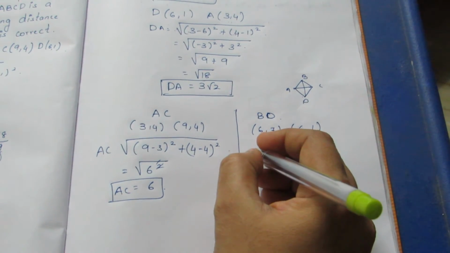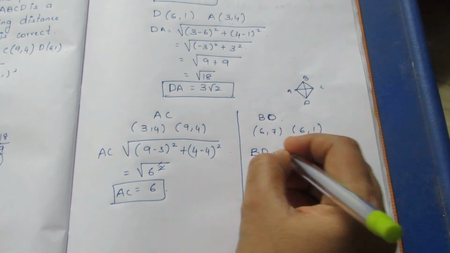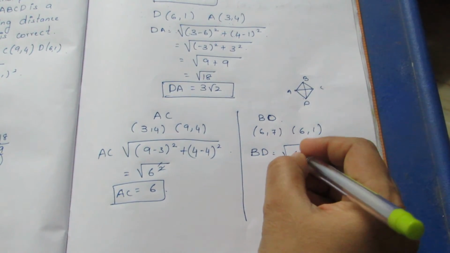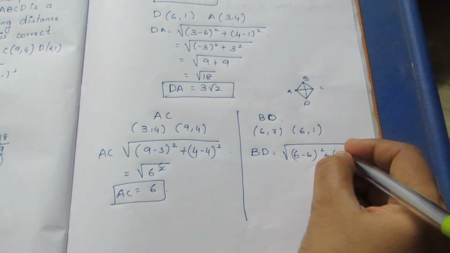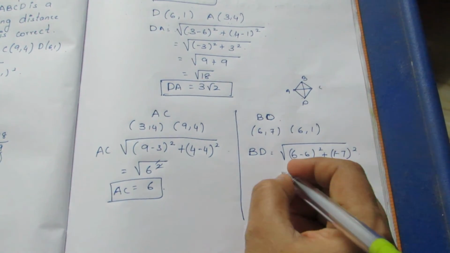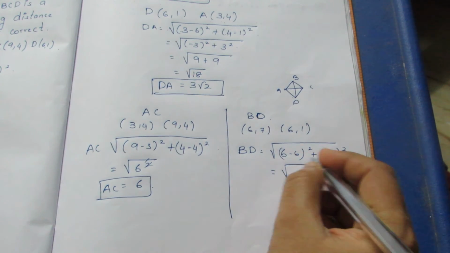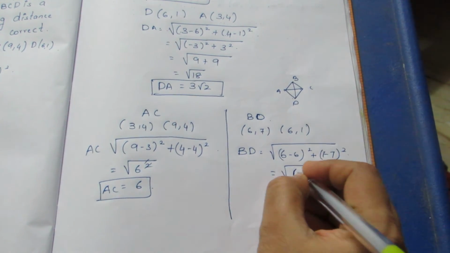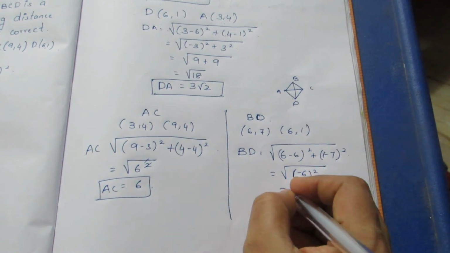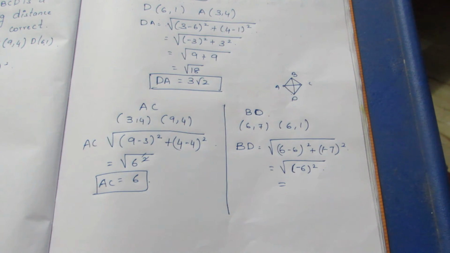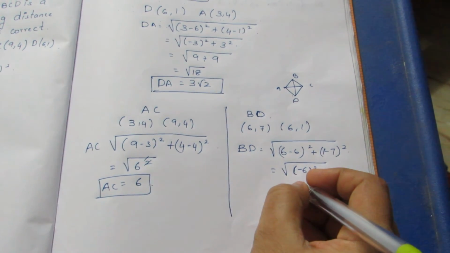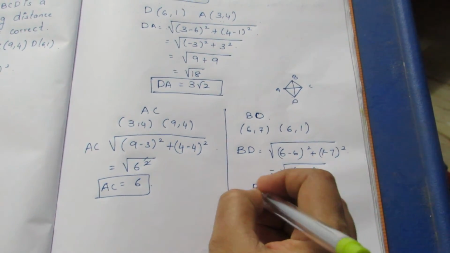Same way we will find BD: x2 minus x1, that is 6 minus 6 the whole square plus 1 minus 7 the whole square. So it becomes root of 0 plus minus 6 the whole square. Minus into minus will become plus, so plus 6 square, the square and root get cancelled, it becomes 6.